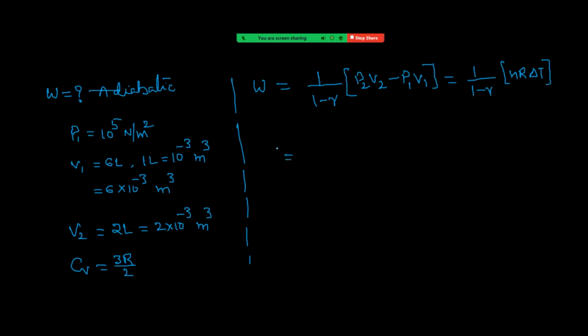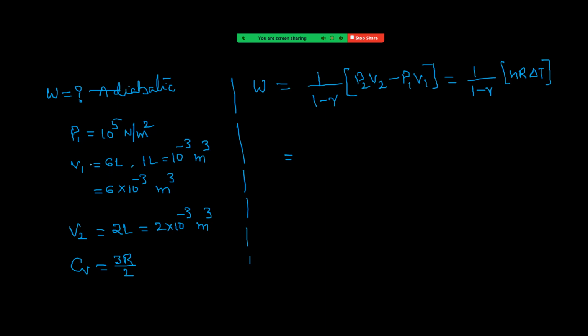Now see which is suitable for this one. We know P1, V1; P2 is not given. So first we can find from the given data what the P2 value is, right? We can find P2 by using P V power gamma equal to constant, right? Or do one thing, can we solve in a different way? Pressure and volume are given, and we are also given 1 mole.